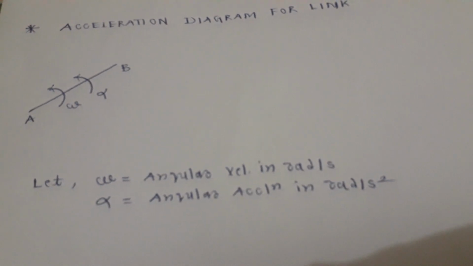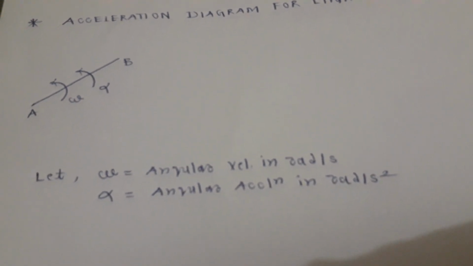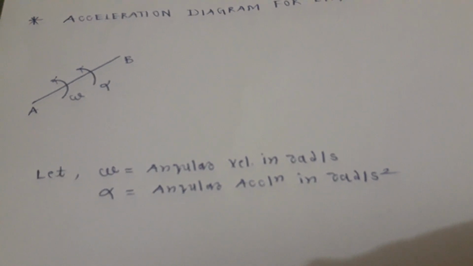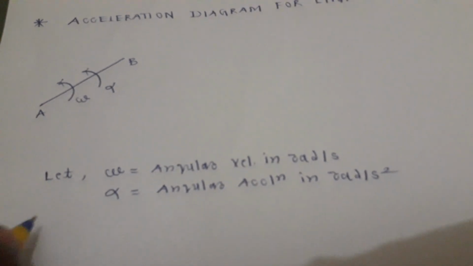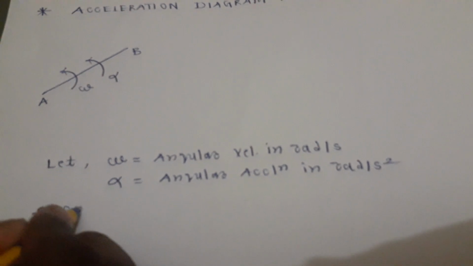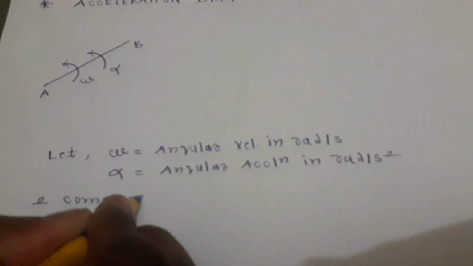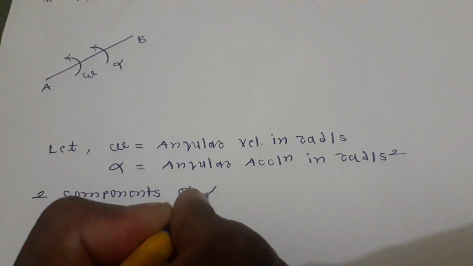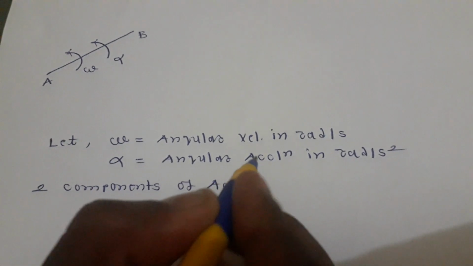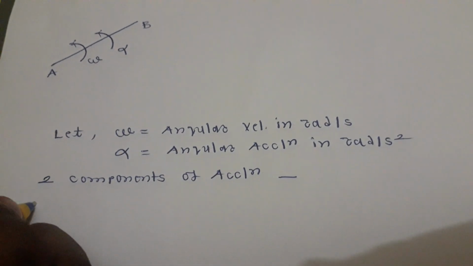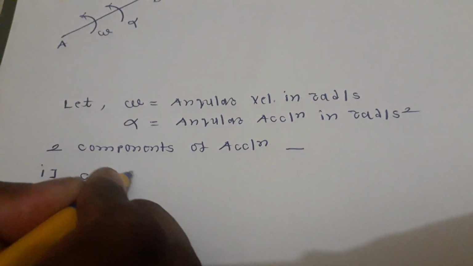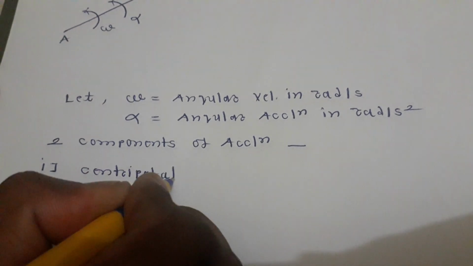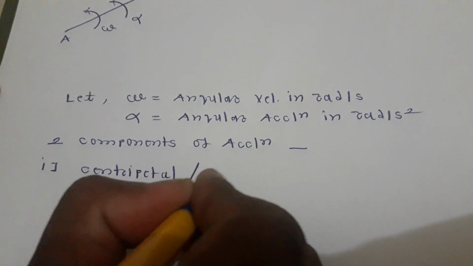As we know, whenever a link is moving with a change in velocity, the acceleration will have two components. The first one is the centripetal or the radial component.